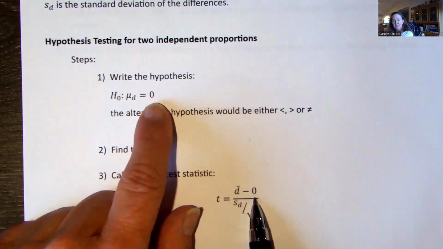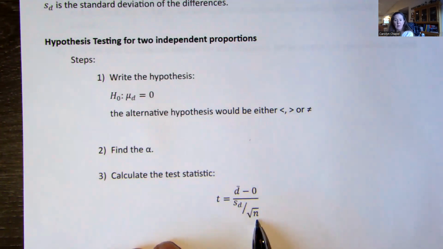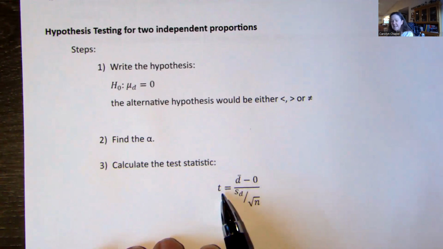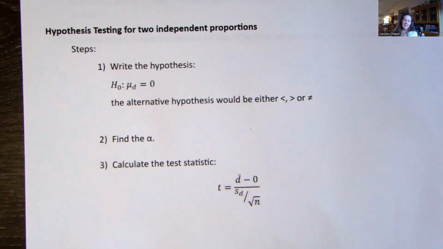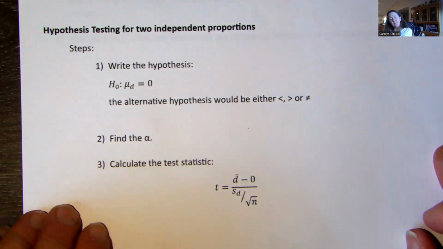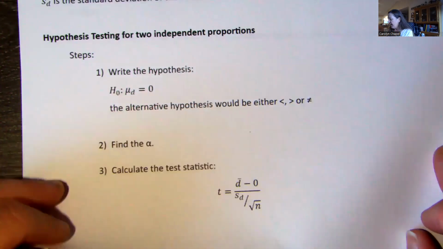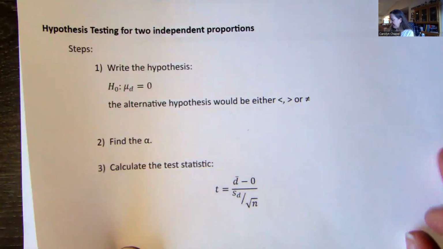So we will have a 0 here, the standard deviation of our differences, and that square root of n. Notice it is a t, so we would be using a t-table if we were going to be doing this one by hand with tables. I will be using StatCrunch to kind of save a lot of the grunt work, because there is a lot of grunt work in these problems.